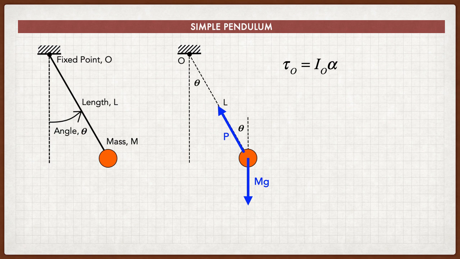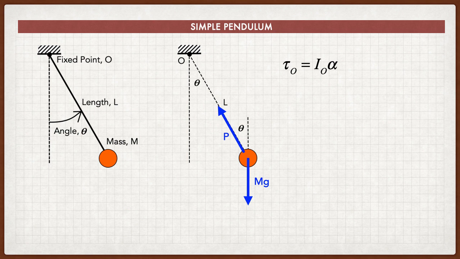Yep, 0. We don't have to worry about P. The weight force makes a torque. In fact, on either side of the swing, it pulls the mass back to the center. Direction matters. This torque is opposite to the deflection angle theta. Opposite means negative.